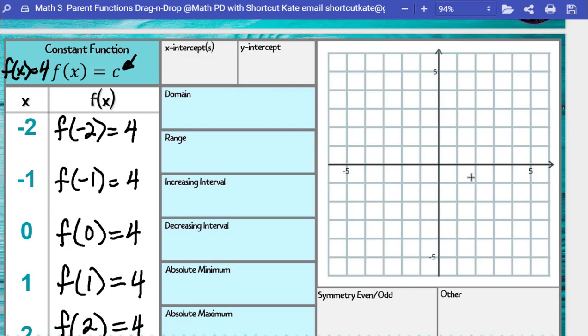Now I'm going to come over to the graph and graph what I just created a table for. So -2, 4, and this is -1, and the y value is 4, and I'm just going to finish out the points.